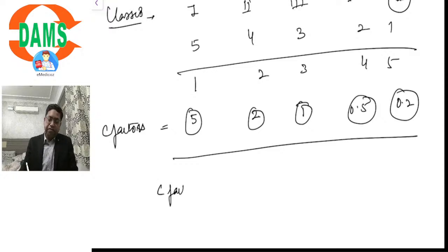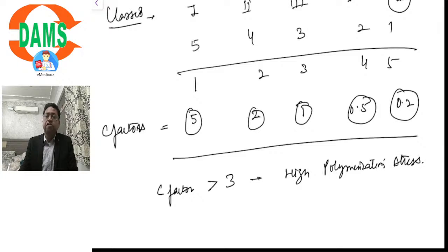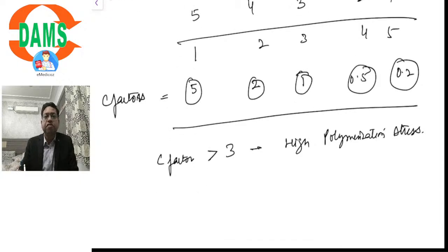Whenever C factor is greater than 3, it means high polymerization stress. So what is the situation where you'll find the maximum polymerization stress? In a class 1 restorative situation.